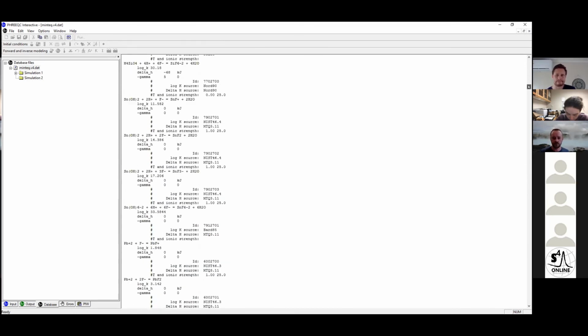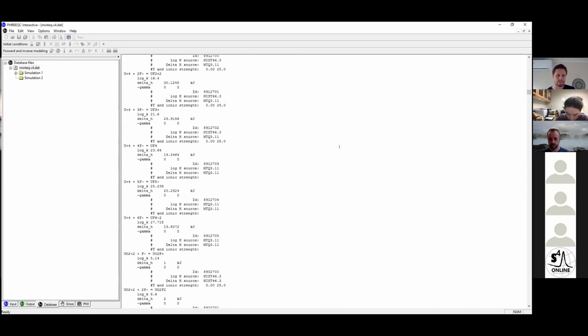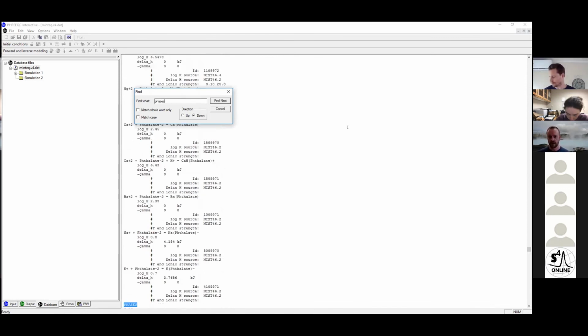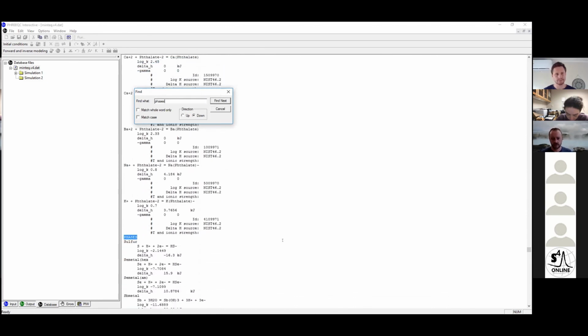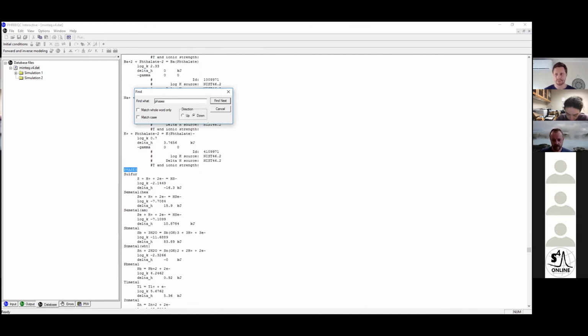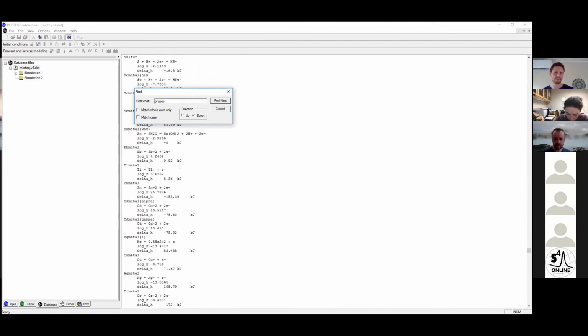And within this, the components, the different phases, etc., are all defined here. So you can do Control F and just do a search, and you'll see, okay, under phases, I've got all of these possible phases the water could be equilibrated with.